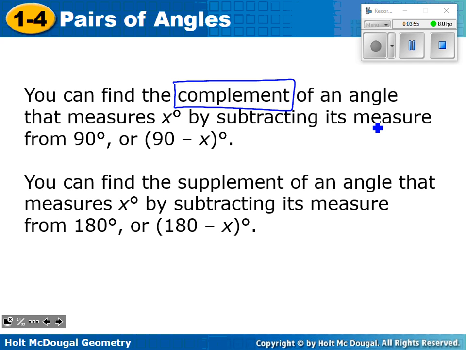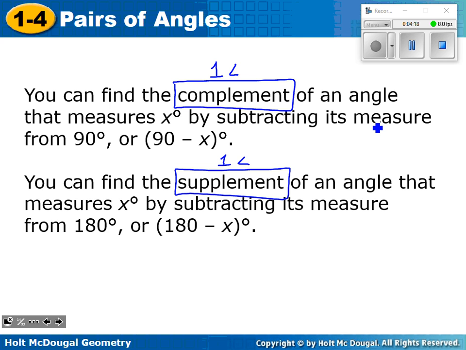Okay, different. Then we're going to talk about these 2 words, which are different. Complement versus supplement. Complementary means 2 angles that add to be 90. Supplementary means 2 angles that add to be 180. The complement and the supplement are only 1 angle, not 2 angles, but they're not 90 and 180.